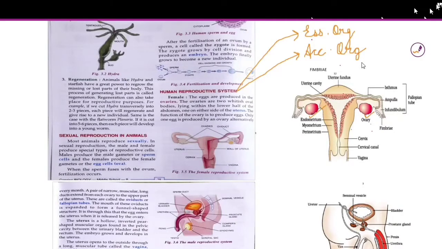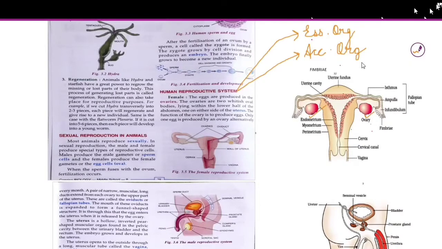But without the essential organs, it is not possible for the reproductive system of a female to work. In other words, the female becomes infertile if the ovaries, which are the essential organs, do not function properly.